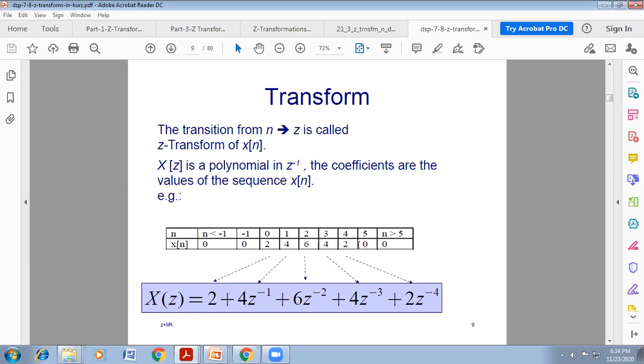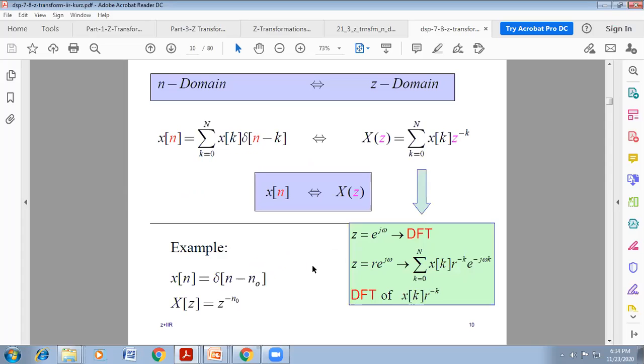Okay, we get x[n] like this. Actually here there are many terms, but there are different values of x[n] depending on n, where n is less than -1 to n greater than 5. This is the n domain and the z domain after Z transformation, and this is the given sequence. So given the sequence, we can Z transform it like this.